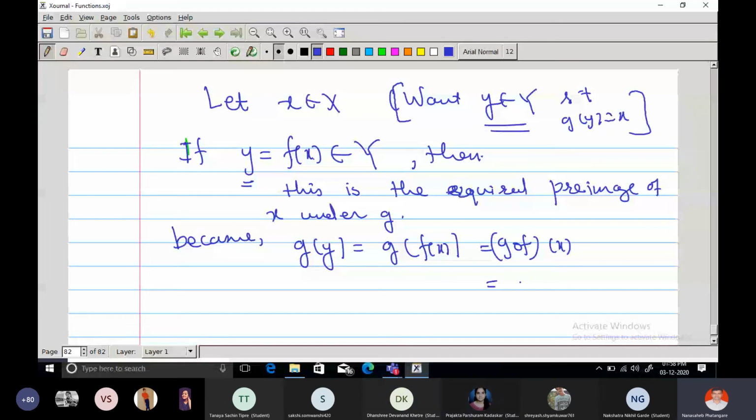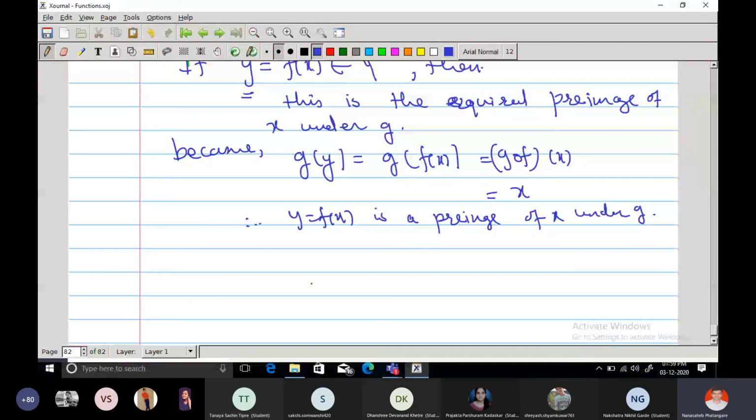And therefore this verifies that y is the required pre-image, correct? Therefore y equal to f(x) is a pre-image of x under g, because if you apply g on y, I will get x. Therefore, this is correct. So the proof is clear.